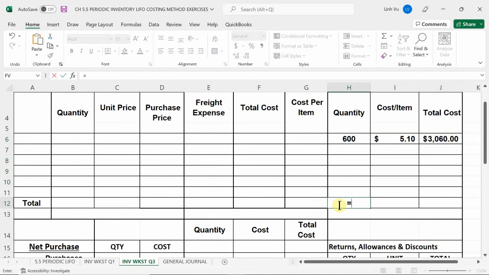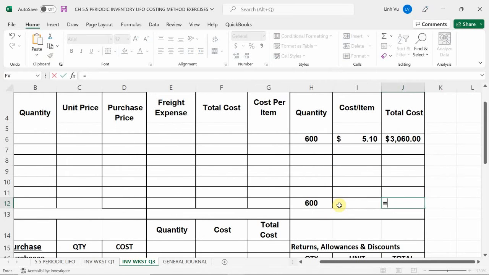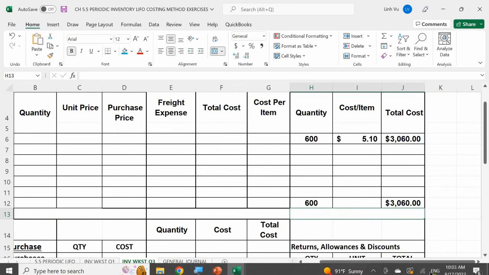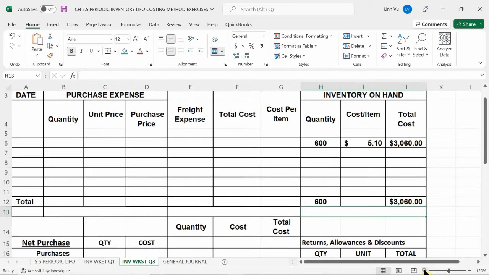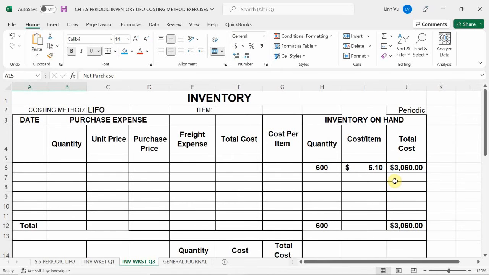In this case, I only have one batch of inventory, so I'm going to put in my totals like that.